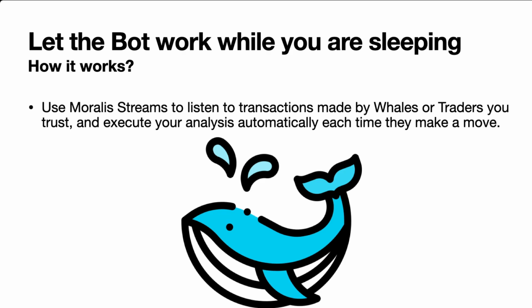So if they buy or sell tokens, Moralis streams is going to automatically send that information to our application, and then we can execute all our analysis and let the bot trade for us. So let's get started with this part.